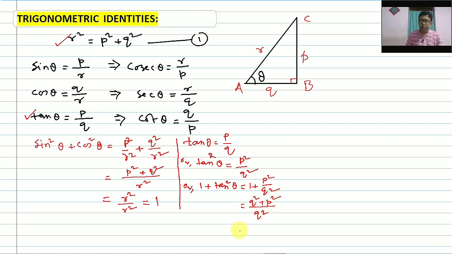What is p square plus q square? It is equal to r square according to equation number 1. So substituting, it is r square upon q square, so this is r upon q whole square. Now what is r upon q? R upon q is equal to sec theta. So you can substitute this and you will get sec theta whole square. So write it here.